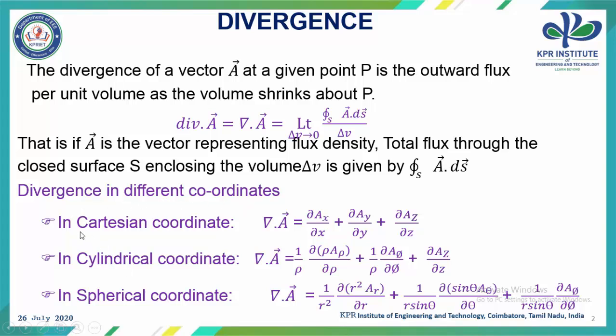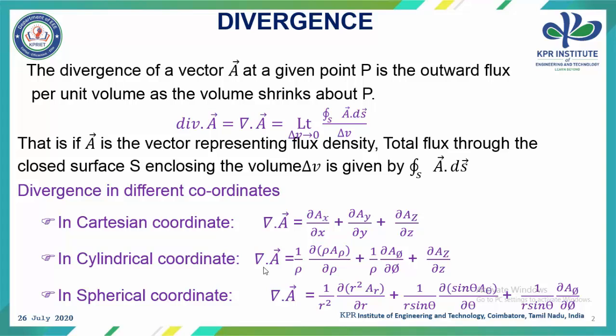The divergence in different coordinates. These are the formulas. For Cartesian coordinates, del dot A equal to dou by dou x of Ax plus dou by dou y of Ay plus dou by dou z of Az. In cylindrical coordinates, del dot A equal to 1 by rho dou by dou rho of rho A rho plus 1 by rho dou by dou phi of A phi plus dou by dou z of Az.